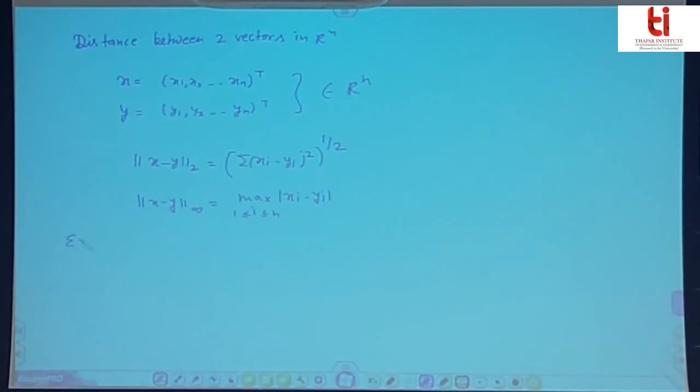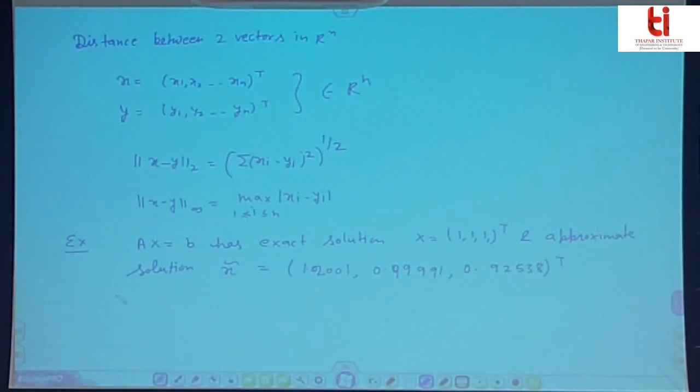Let us take some examples. Suppose the linear system of equations Ax equal to b has exact solution x equal to 1, 1, 1 and approximate solution x bar transpose as 1.2001, 0.99991 and 0.92538 transpose.